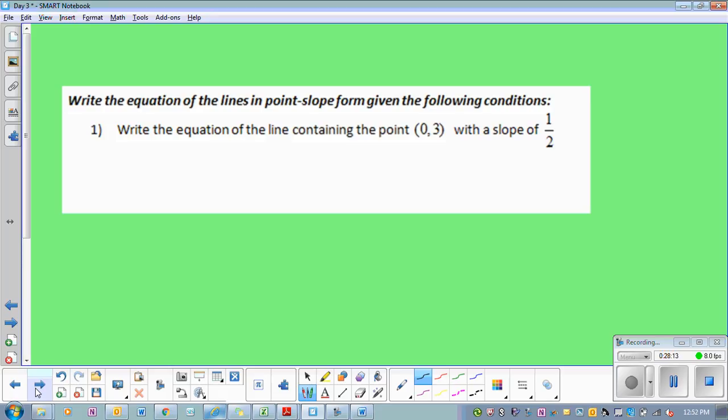Okay. So up at the top, whenever you get a problem like this, I would write down y minus y1 equals. I know that x1 and y1 are hk, right?